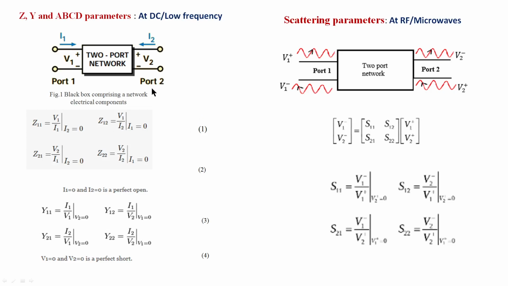But once we go to RF frequency, if you try to measure the Y parameter by putting a short here, instead of applying below 1 megahertz, apply 10 MHz or 1 gigahertz here, the measured Y parameter is not correct, because there is no real short here. If you put a piece of wire, it doesn't behave like a simple short. That's why it is difficult to find an exact short at RF and microwave frequency, and that's why we cannot use this method.